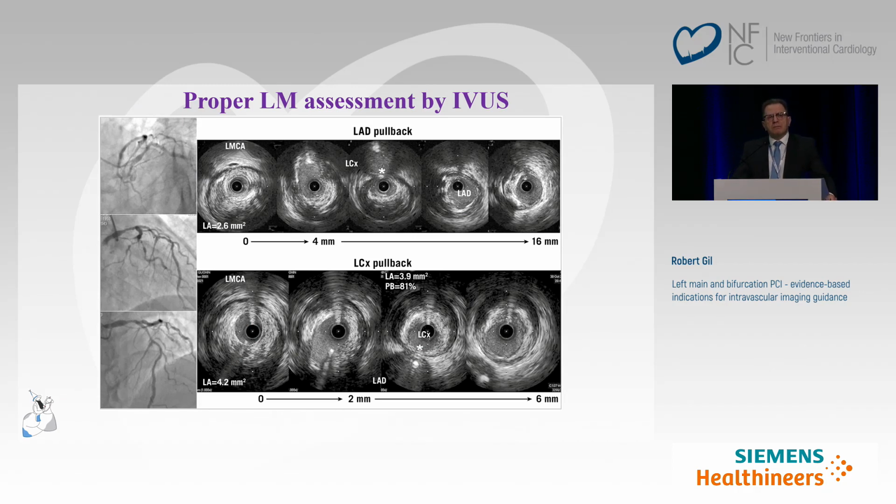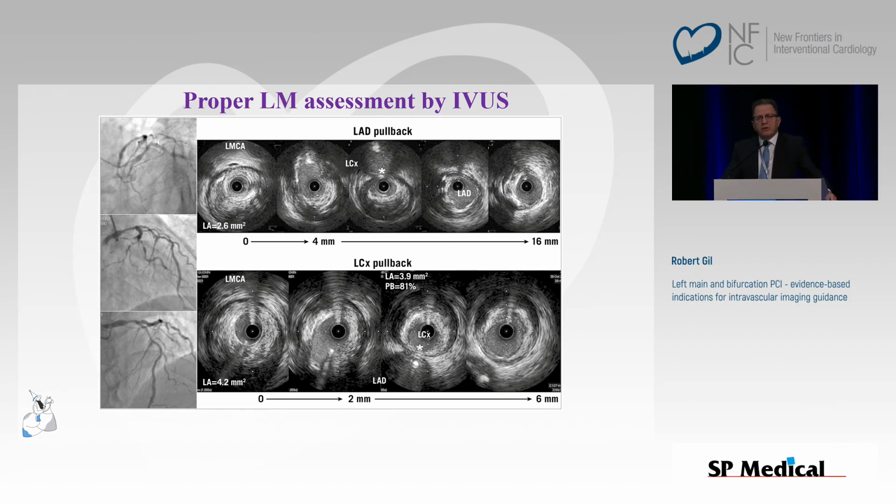We should also remember that there are proper steps to assess left main. We need 2 pullbacks, one from left main to the left anterior descending artery, and the second from the circumflex artery.